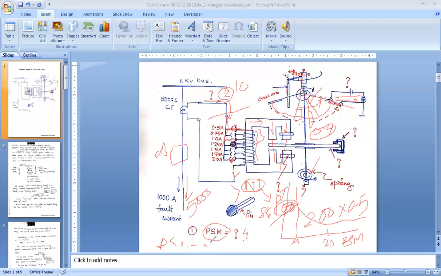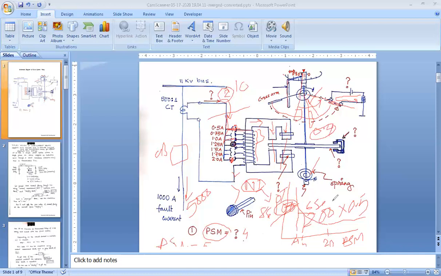Okay. Now go to this curve given by the manufacturer. If 5 is the PSM, suppose the operating time is, say, 6 seconds. 6 seconds is the operating time for 5 PSM.